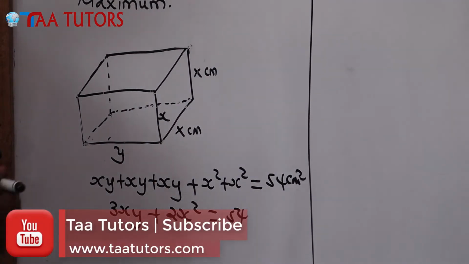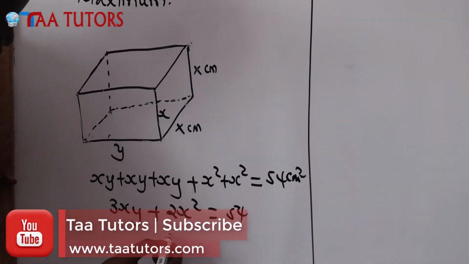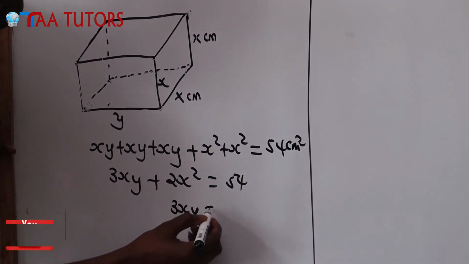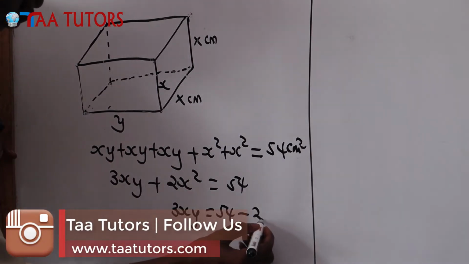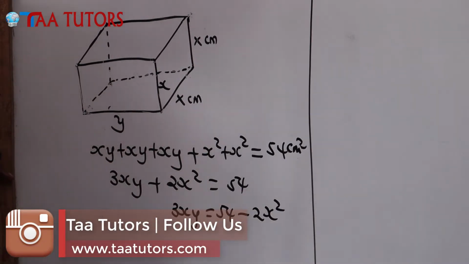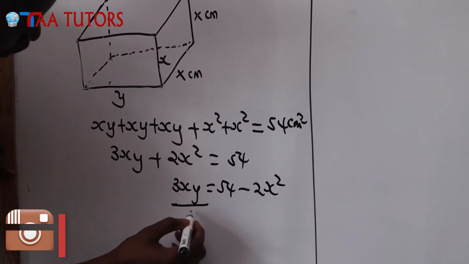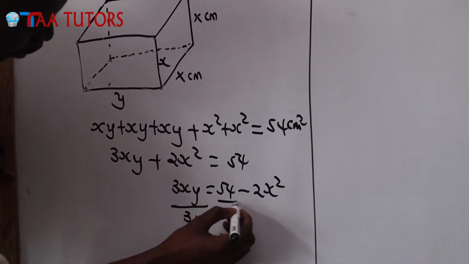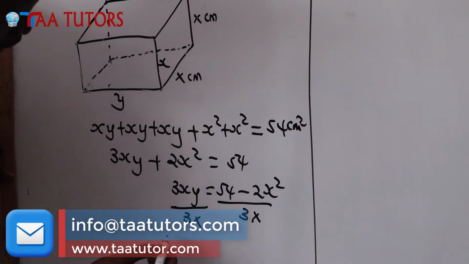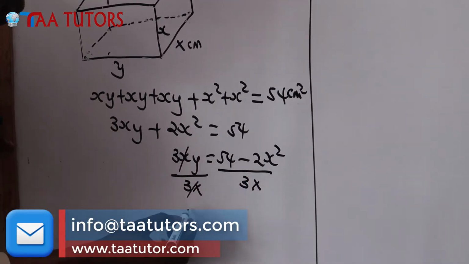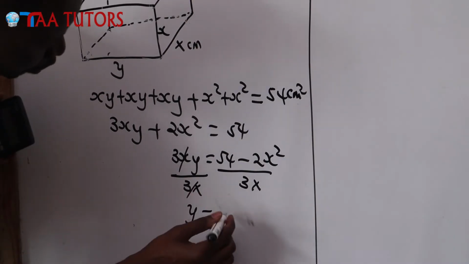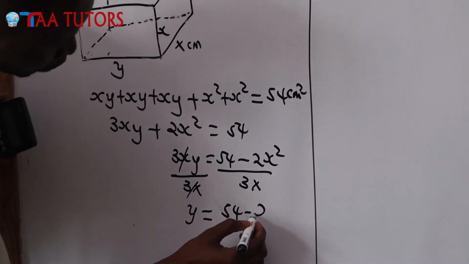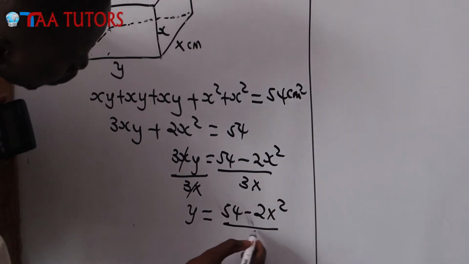And I want to make y the subject, so I'll say 3xy equals 54 minus 2x squared. If I divide everything here by 3x over 3x, I will get y equals, well, let me just say 54 first, minus 2x squared over 3x.